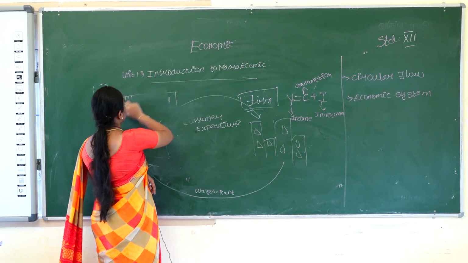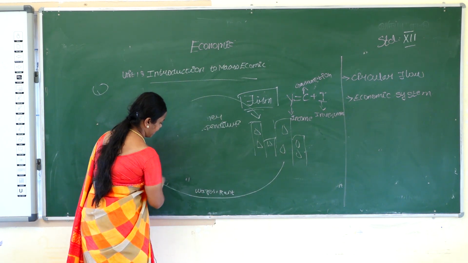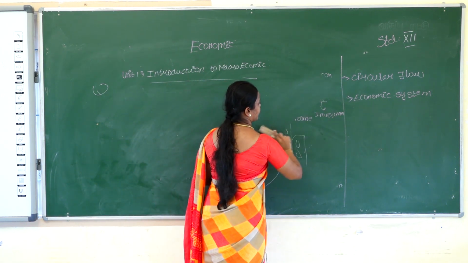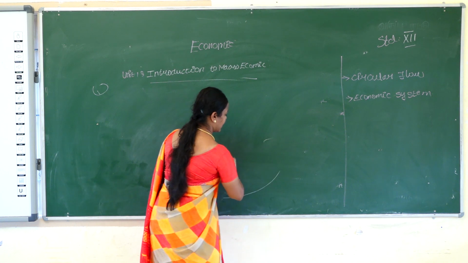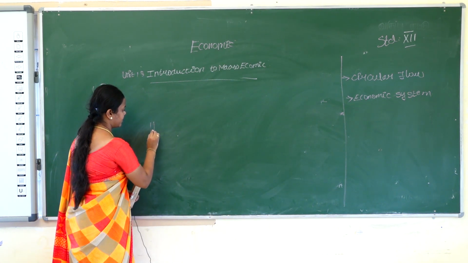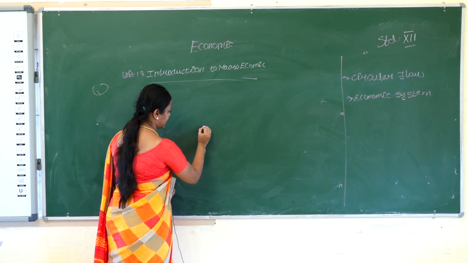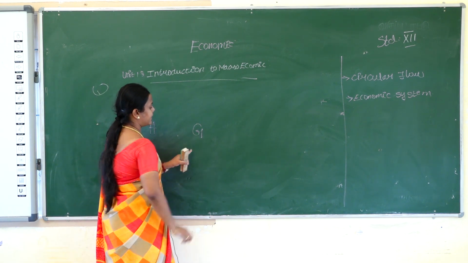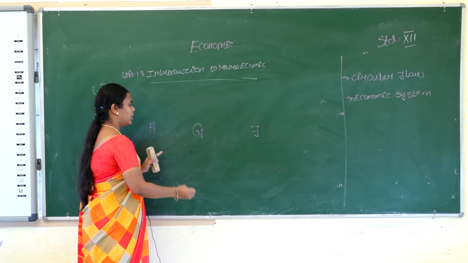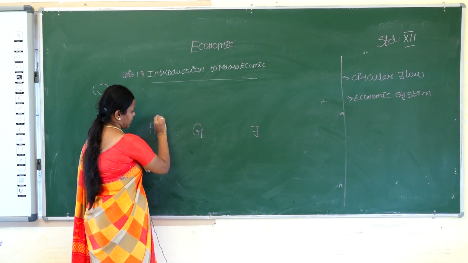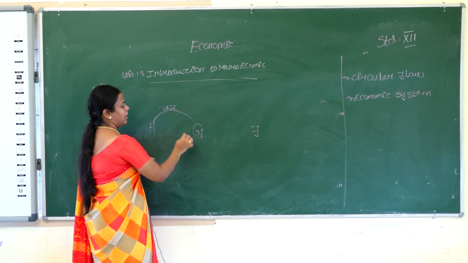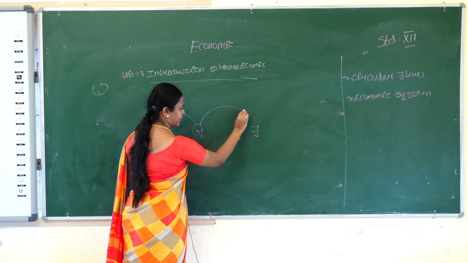Now, we move to the second sector. In the second sector, household is common. Here comes government and firm. Household will pay tax to the government and the government will purchase from the firm.